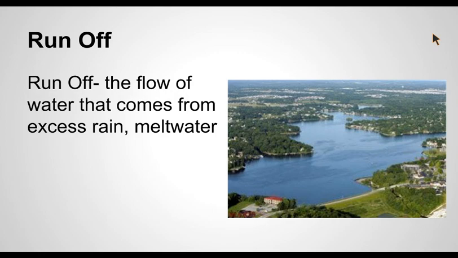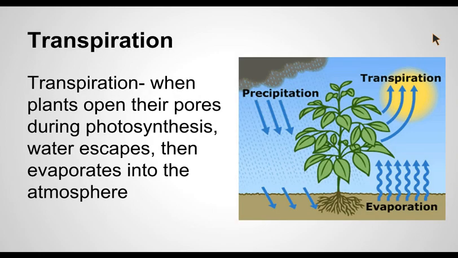Now, what comes after this? We must not forget about transpiration first. Transpiration can sometimes take the place of runoff in the water cycle. Now, when plants open their pores during photosynthesis, the water inside these plants escapes, and then it can evaporate into the atmosphere.